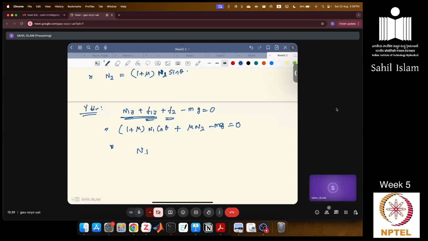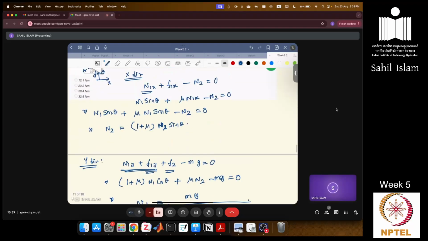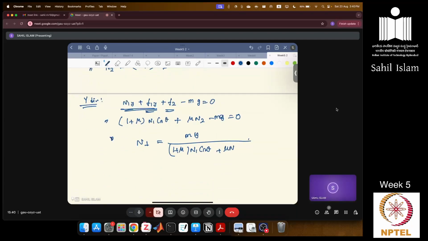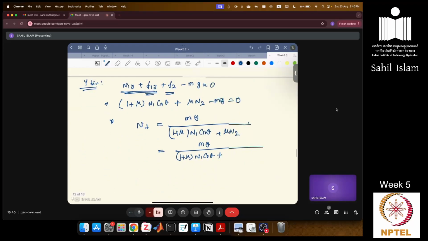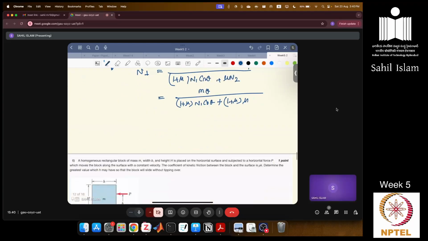So this gives n1 equals mg by 1 plus mu n1 cos theta, and we got n2 plus mu n2, which gives mg by 1 plus mu n1 cos theta plus 1 plus mu n2, like 1 plus mu times mu n1 sin theta.